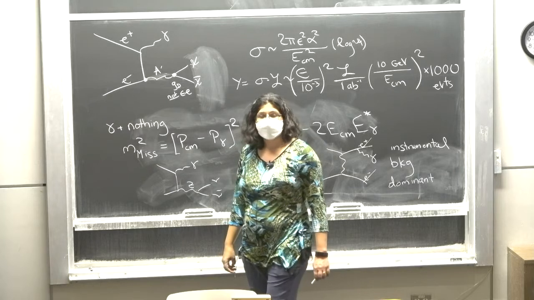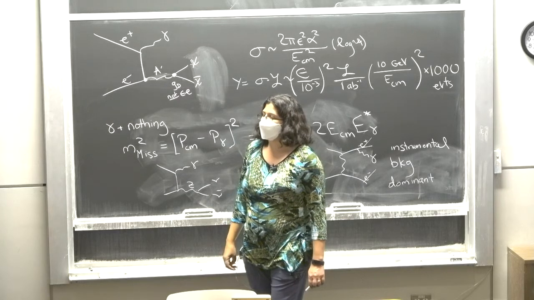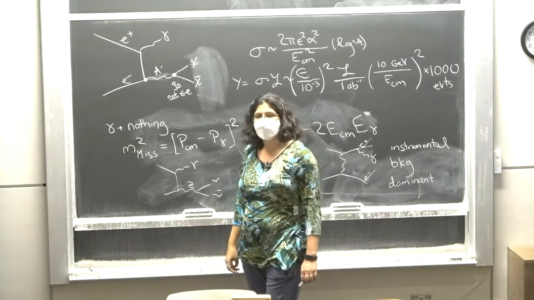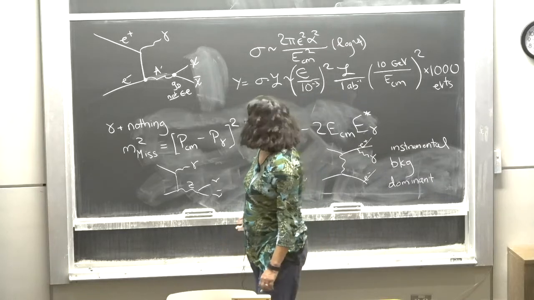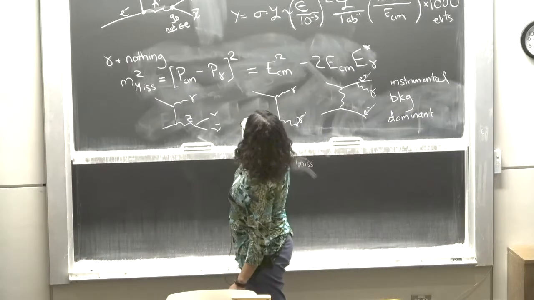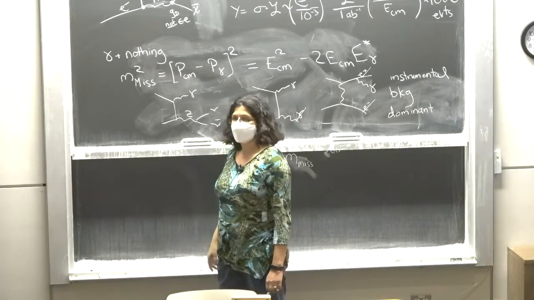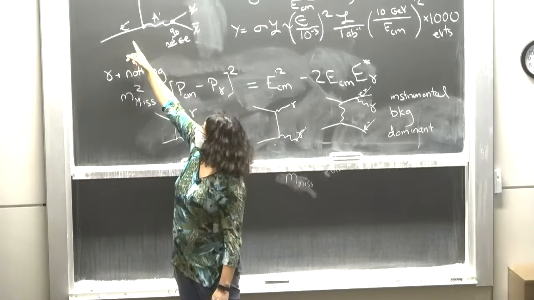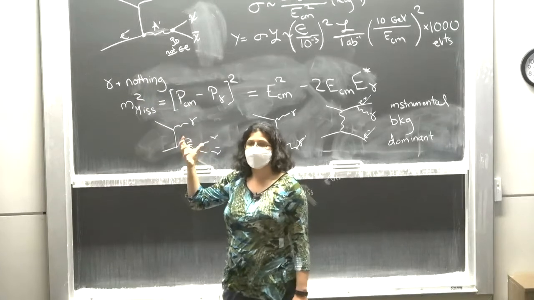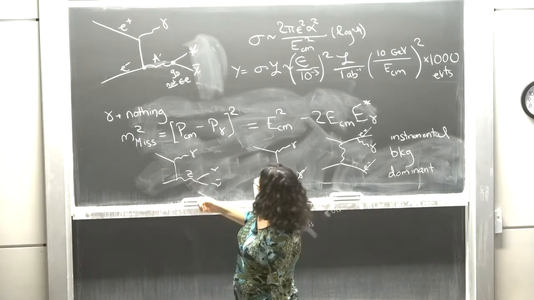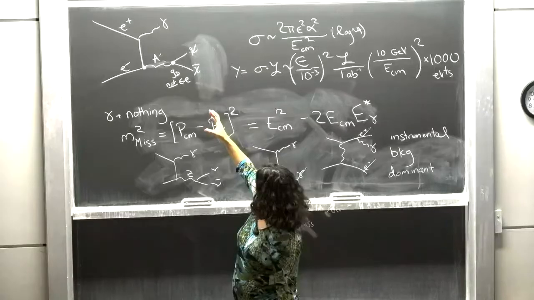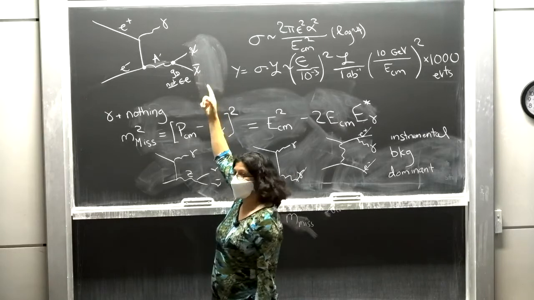There's one class of experiment that's kind of tailor-made to deal with that possibility, which is basically looking at this same reaction, but in a fixed target experiment. So you look at a positron beam hitting atomic electron targets, and do the same missing mass measurement.